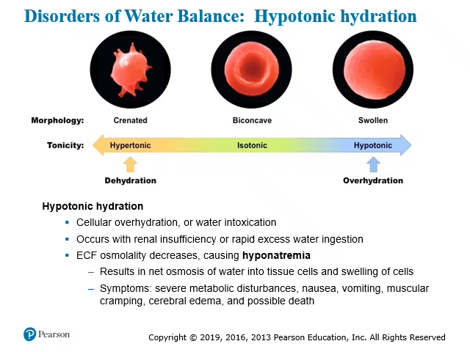Hypo means low, so low sodium content. It results in net osmosis of water into the tissue cells and swelling of the cells. The symptoms would be severe metabolic disturbance, nausea, vomiting, muscular cramping, cerebral edema, and possibly death. That's not good. Usually, before that happens, you treat it with hypertonic saline.